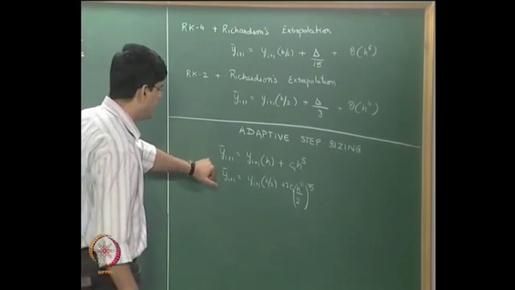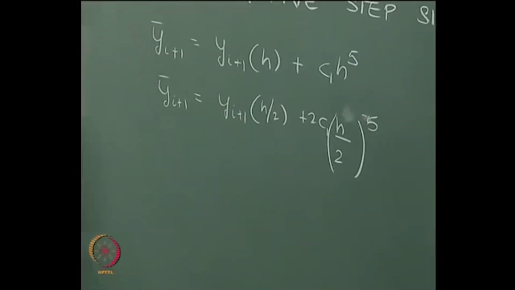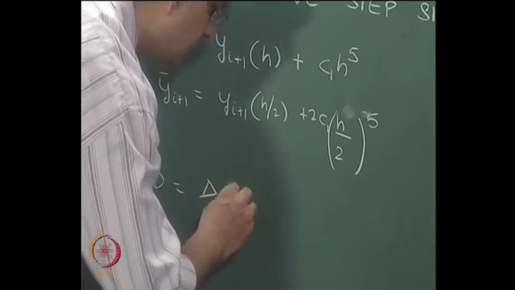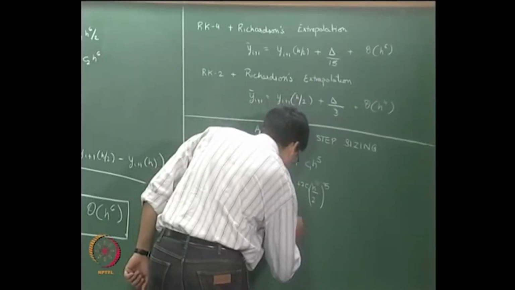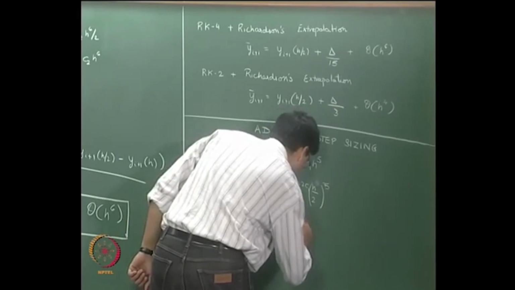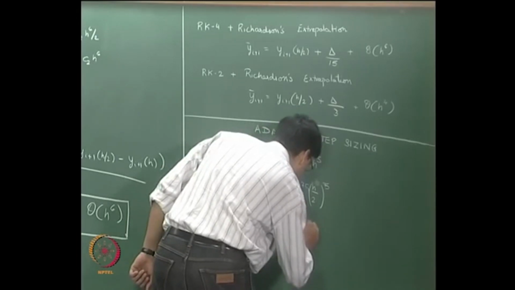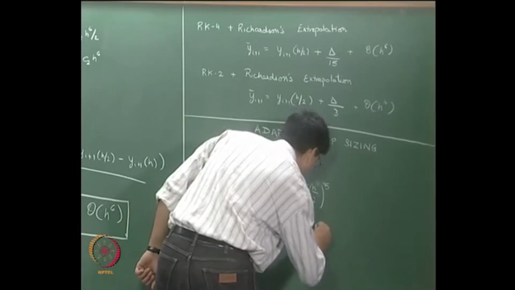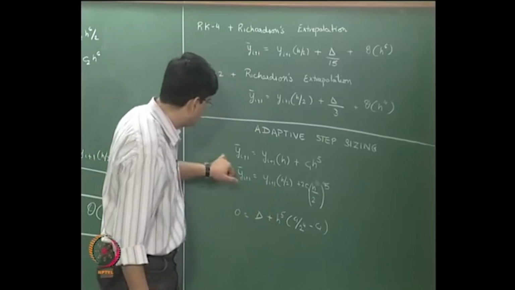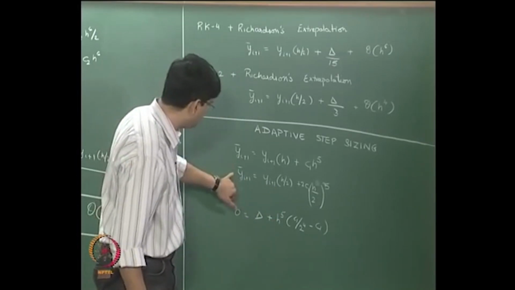Okay, so when we take the difference between these two, we will get 0 is equal to delta plus h to the power 5 times c1 by 2 to the power 4 minus c1. Okay, so what we have done is we have subtracted this equation from this equation.